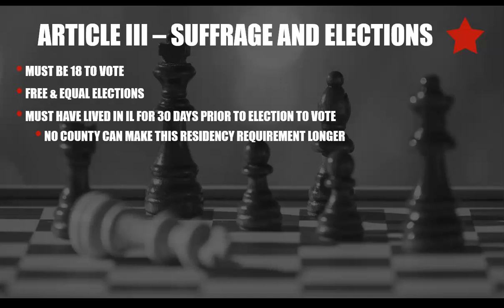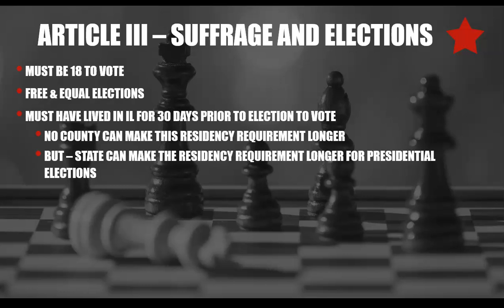They can't lengthen it. They can also make it longer for presidential elections. So in order to vote for the position of United States president, counties can say, no, you have to have lived in Illinois for 60 days. So that's the only caveat to that provision here in Article 3.